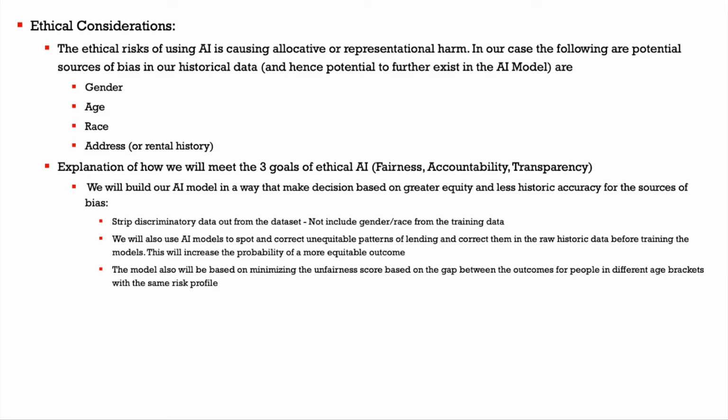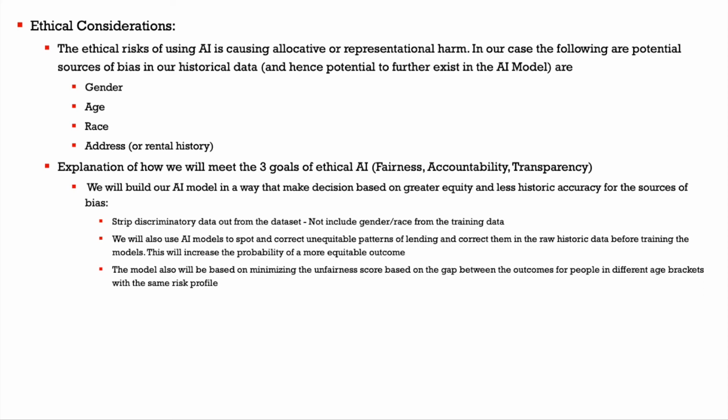So in order to ensure fairness and accountability, we are going to build our AI model in such a way that it makes decisions based on greater equity and less historical accuracy for the sources of bias. So for example, we are planning to strip discriminatory data out from the database. For example, not use gender and race from the training data.